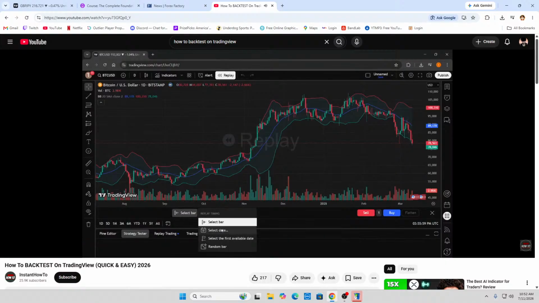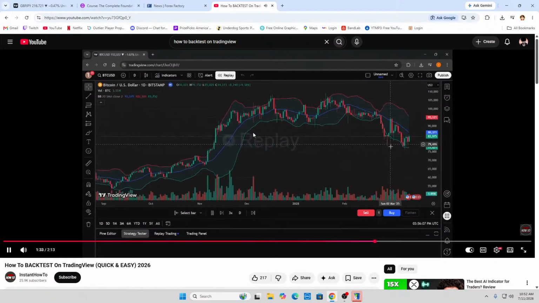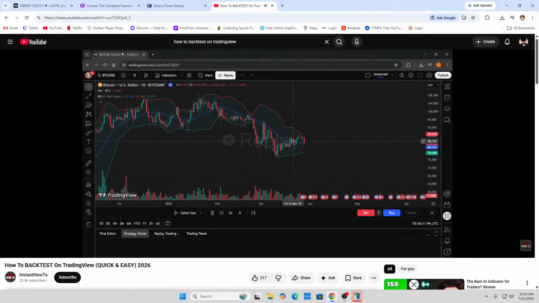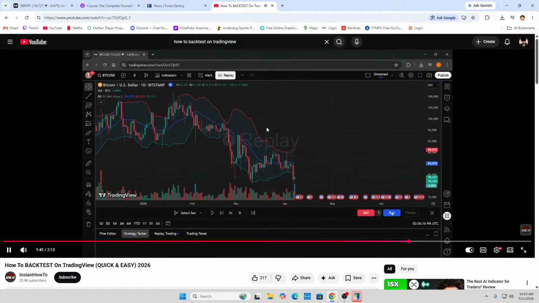If you want to select the date, select the first available date or a random bar, you can test that as well. Then you click on start, and it's going to start over here. As you can see, it's going, and you can backtest by looking at the screen. You can buy and sell whenever you would, and via that you can get all the information you would get by backtesting, with the difference that you did it manually.